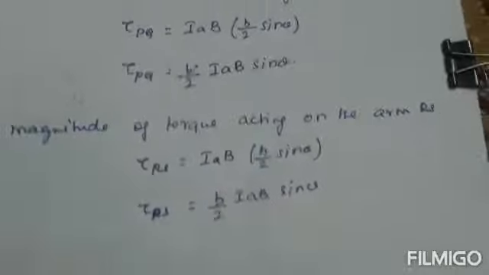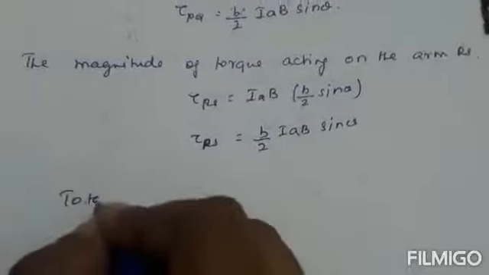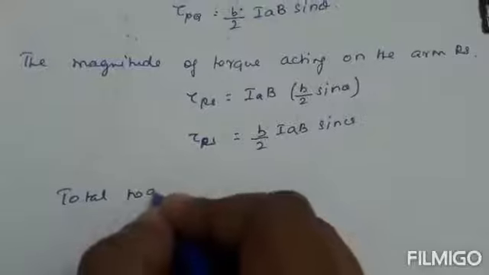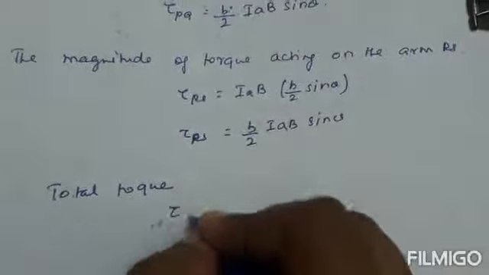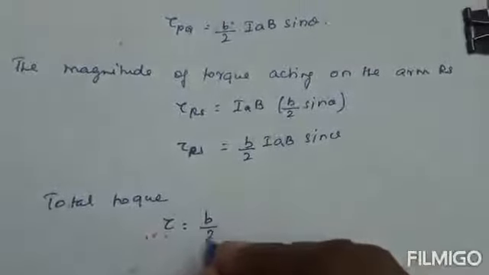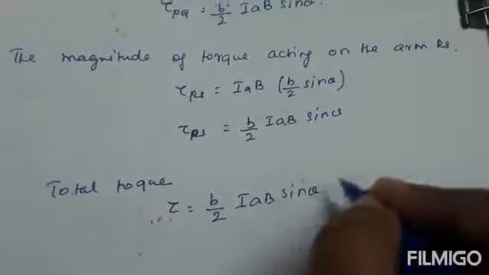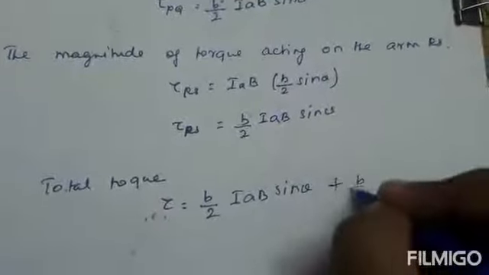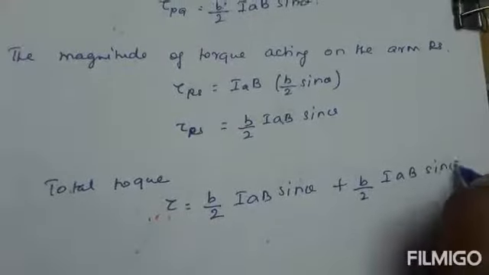Now what is the total torque? Tau is equal to b by 2 IAB sine theta plus b by 2 IAB sine theta.